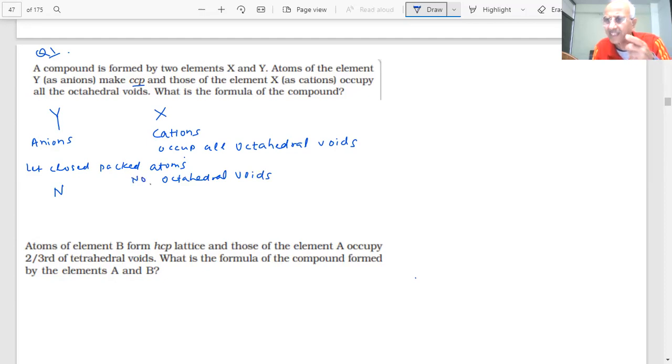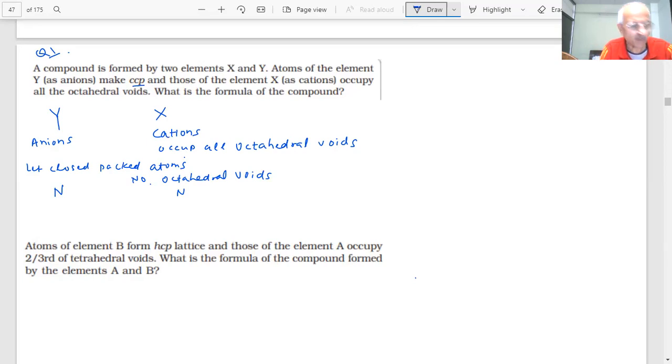Number of octahedral voids is equal to number of particles, so this will be N. If there are N anions occupying the CCP structure, then X, occupying all the octahedral voids, is also N.